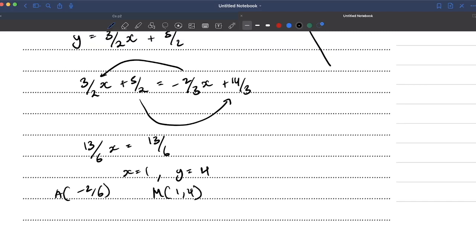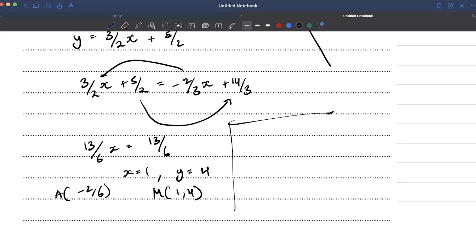So using the midpoint function, we can find it, right? So 1, 4 is equal to negative 2 plus x divided by 2, 6 plus y divided by 2. So if I want to find x, it's negative 2 plus 4, I think, right?